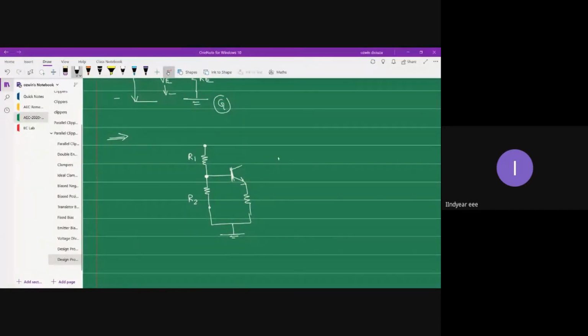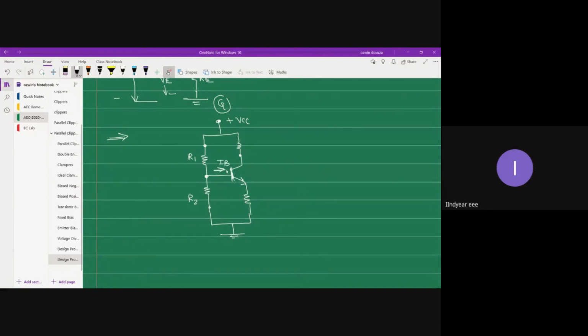This is your collector terminal. This is RC. This is plus VCC. Now let me mark the base current. This is your base current IB. Observe carefully.